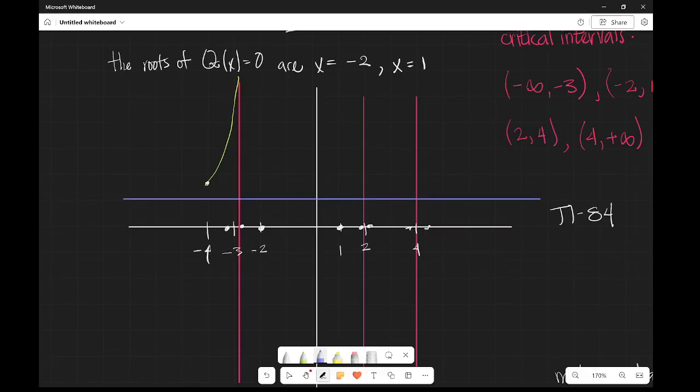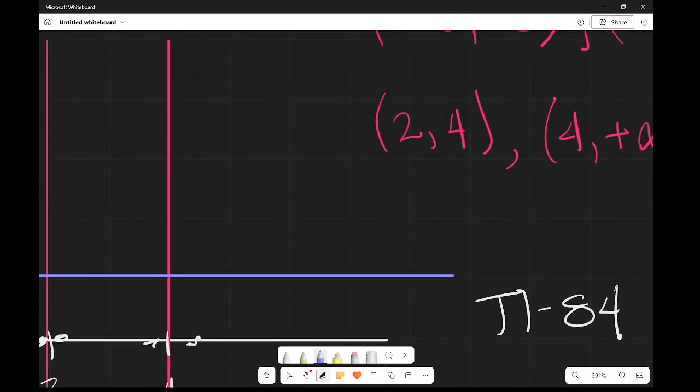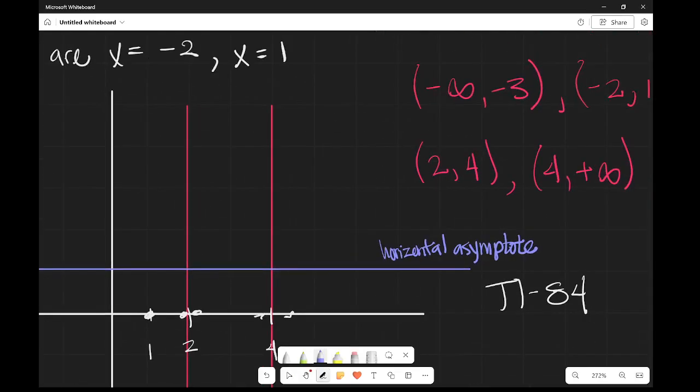Horizontal asymptote. And I did that by getting the end behavior, by basically just seeing what happens as x gets very negative or as x gets very positive. Horizontal asymptote, that is a weird word. I've never heard it outside the context of mathematics.